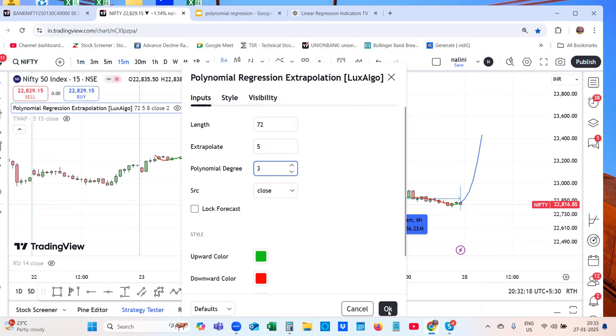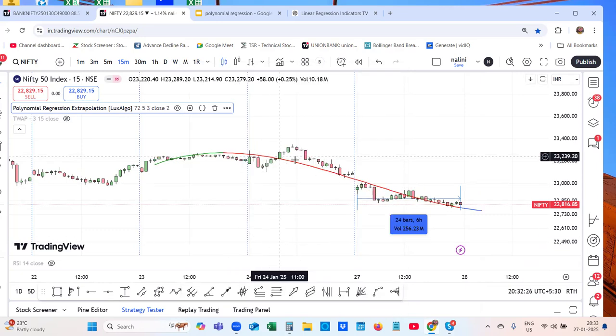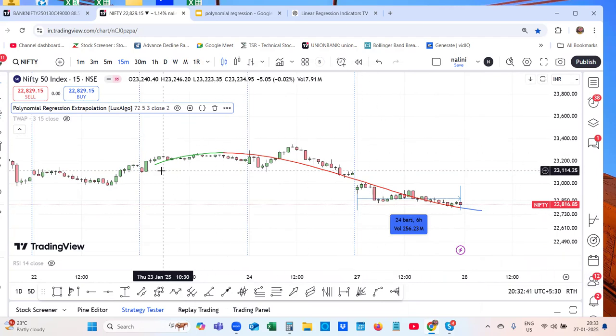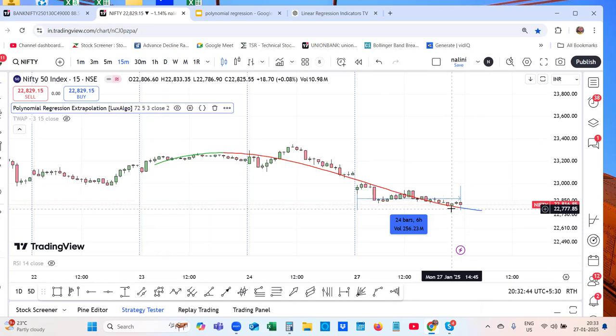I'm not going into the detail of the calculation of this polynomial regression. You must understand this is a curved regression line for identifying the trend. So how do you combine this with my intraday trade? For example, I have selected 72. That means it comes from 3 days.